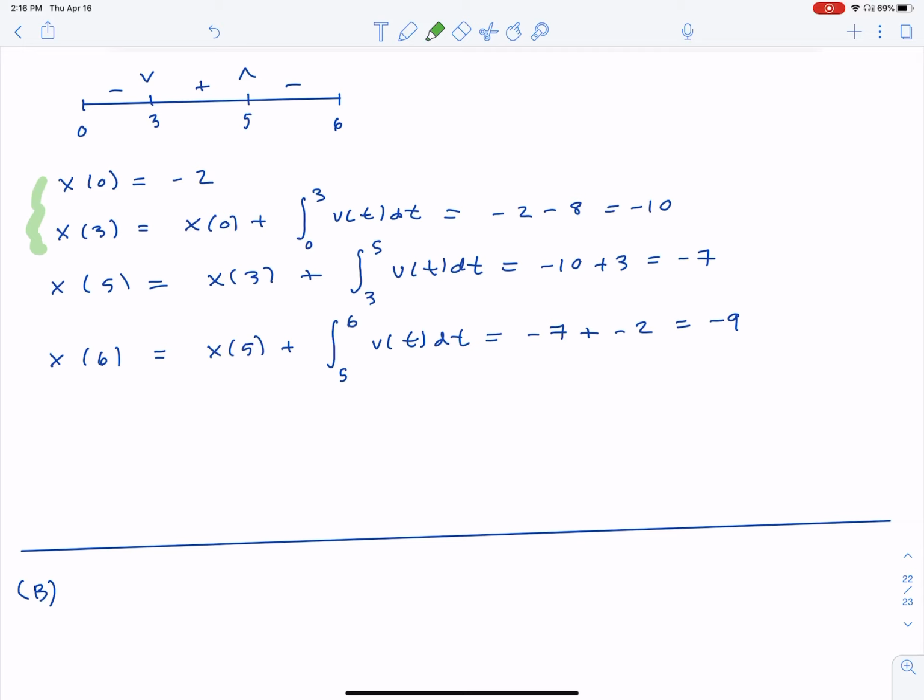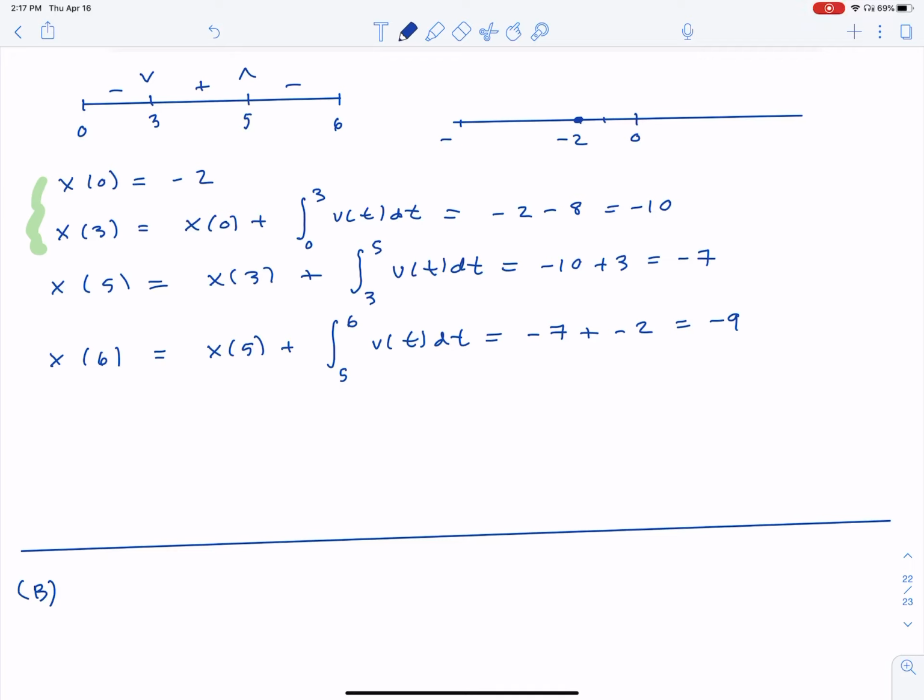But at time 0, it's -2 inches from wherever the 0 point is, like on a number line. Then at time 3, it's way over here at -10.